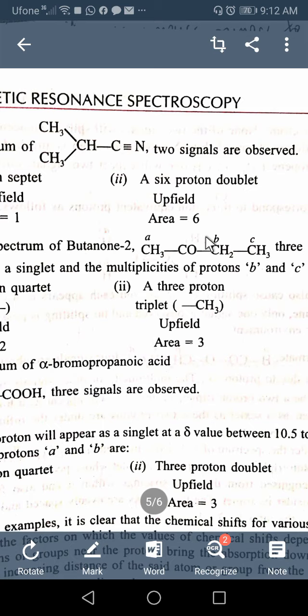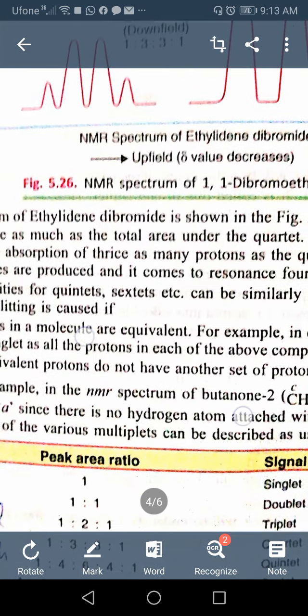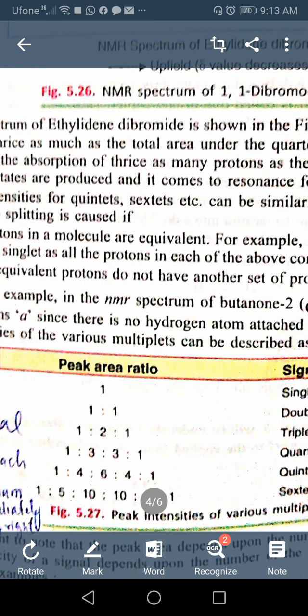So B protons or CH2 protons will give a quartet split peak, and the ratio of the heights of the quartet will be 1:3:3:1.